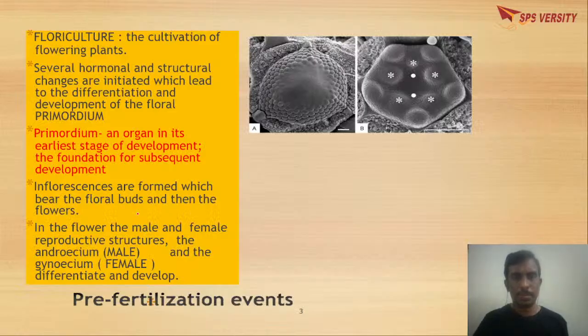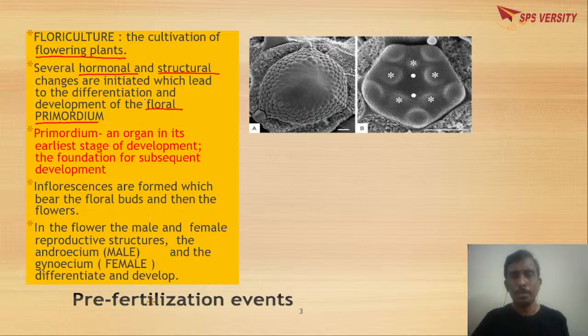Floriculture means the cultivation of flowering plants. In plants, before the formation of a flower, many changes occur, that is hormonal changes and structural changes. These hormonal and structural changes lead to the development of floral primordium.